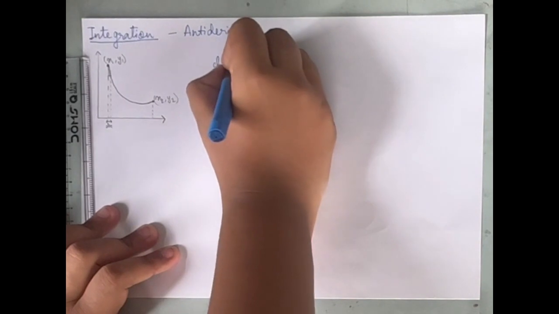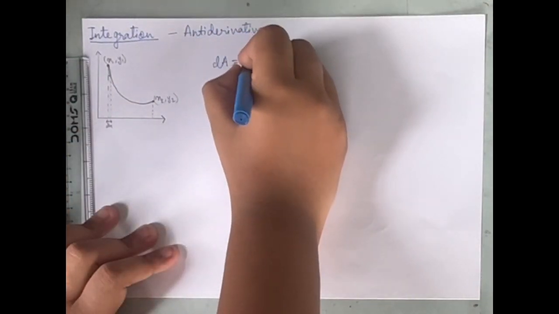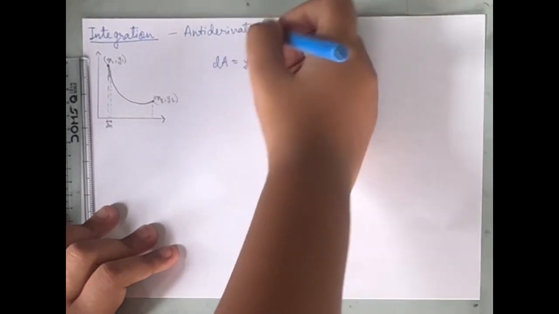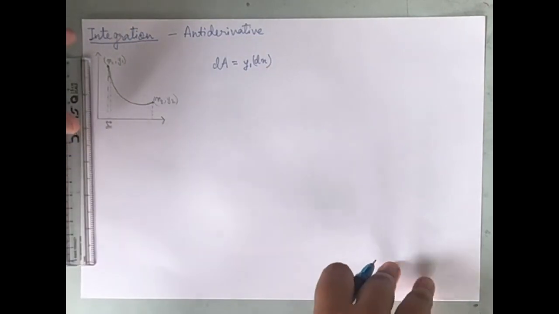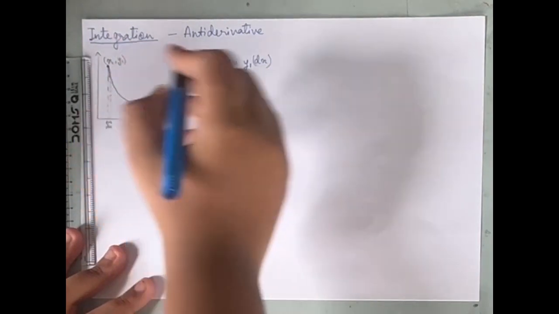The area of this part dA is y1 dx, isn't it? The height is y1 and the breadth is dx. Let's assume the area of this part to be dA1.